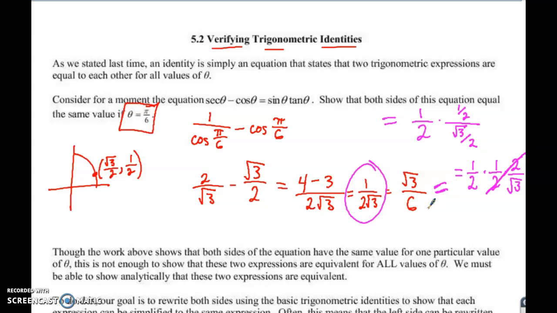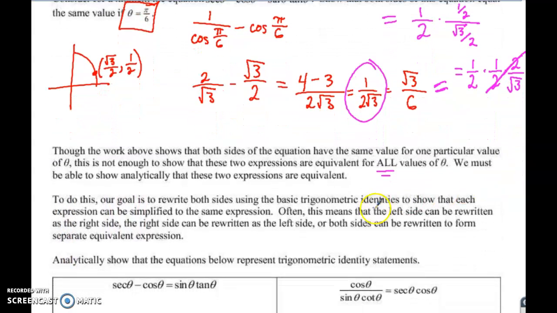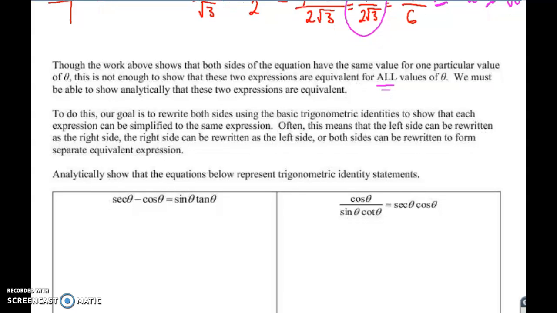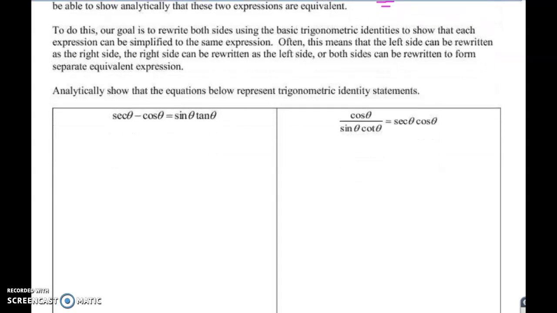So this equation is true for pi over 6. The issue is that it is not true for all values of theta. That's where we get into this goal of rewriting one side at a time until you get the other. If at some point you get stuck, you can go to the right side and then rewrite it as the left side.